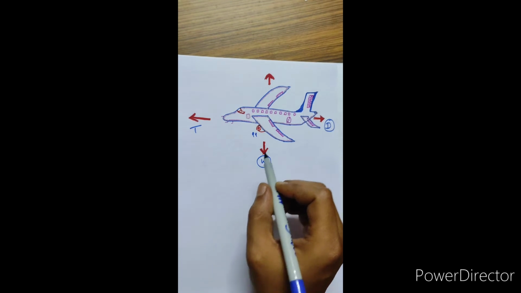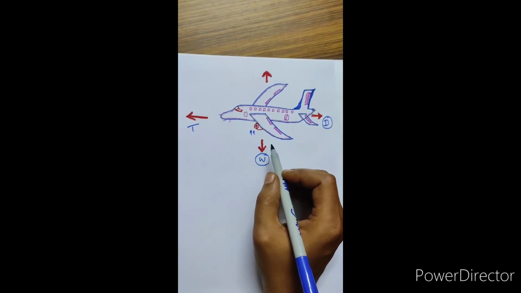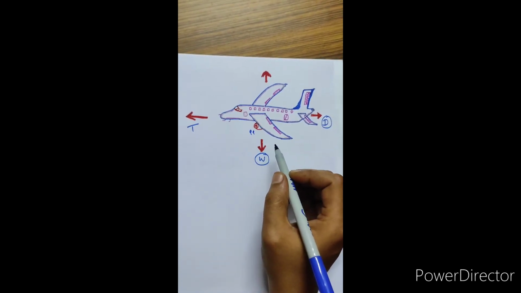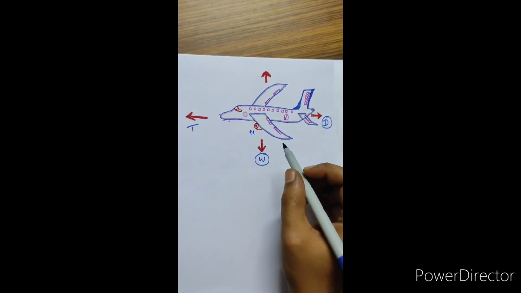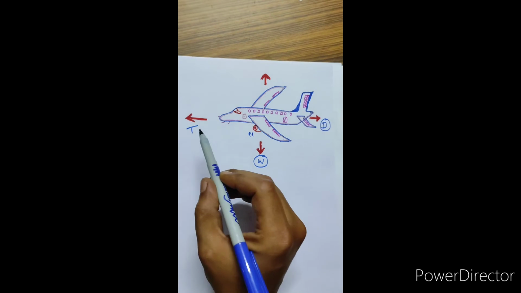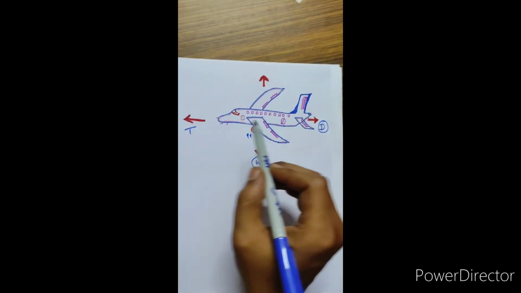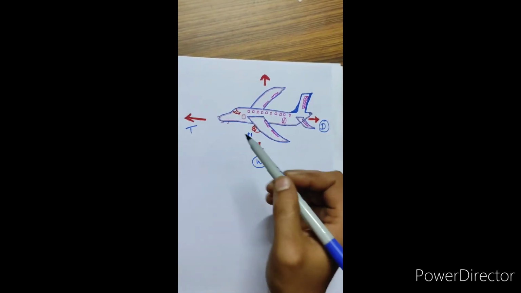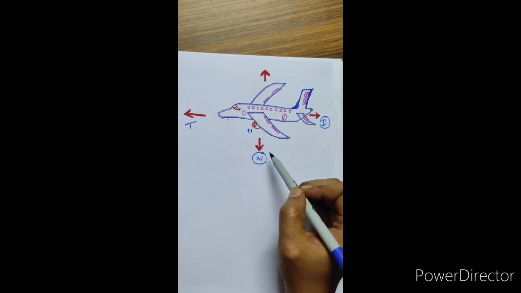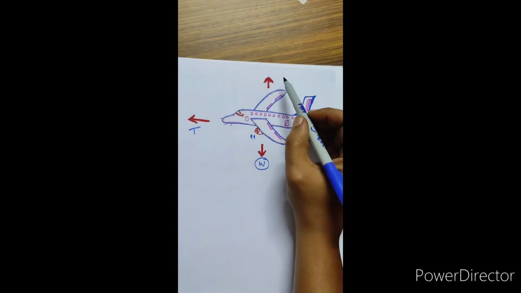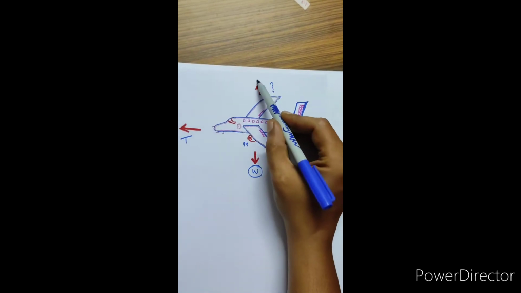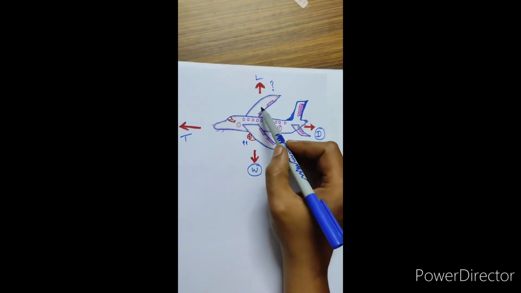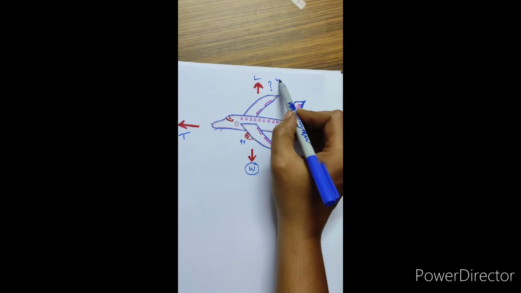So in order to make any vehicle fly, or what we call a flying vehicle, we need one more force to be balanced, that is in the upward direction. Thrust and drag are in opposite directions, and weight is in the downward direction, so the only force which is missing is in the upward direction, which is the lift, and this lift is generated by the wings of the aircraft.